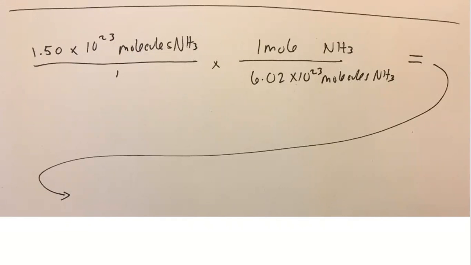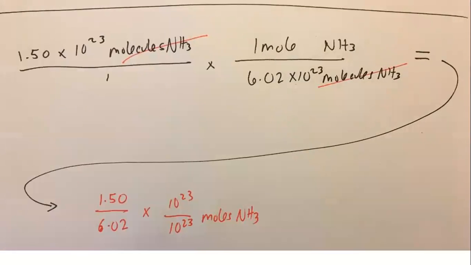And this is a big problem. It doesn't actually fit on one line unless you write really small. So I moved it now to the second. And let's see what we get. See how the molecules in the numerator and the denominator cancel up above? And we're going to break it apart into an easier to deal with problem. We're going to have 1.50 in the numerator divided by 6.02 in the denominator.